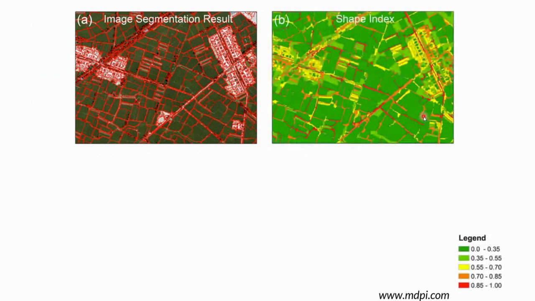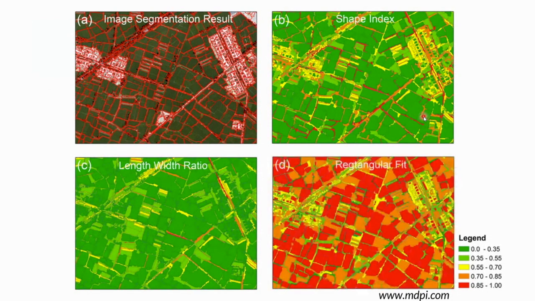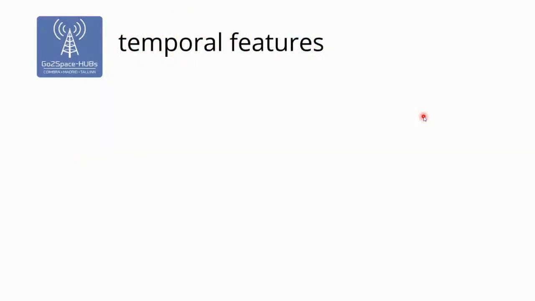So we can, for example, calculate different metrics of shape, different indexes, like here, and add those features, like we saw before, to this general set of data, and this way the classification might be much better.